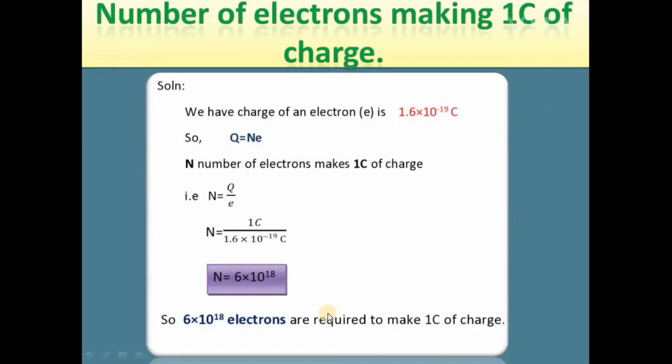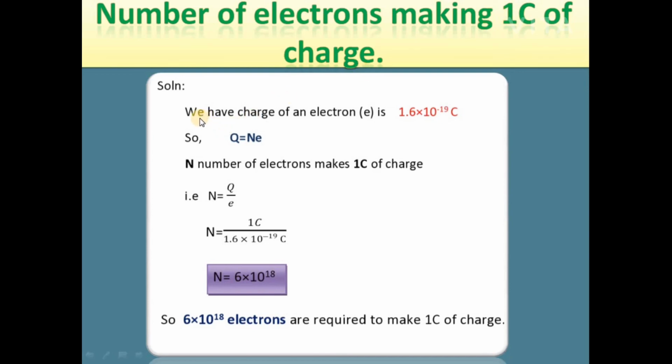The next is the number of electrons making 1 coulomb of charge. We discussed that electrons constitute the flow of charges. Then how many electrons make 1 coulomb of charge? Solution.